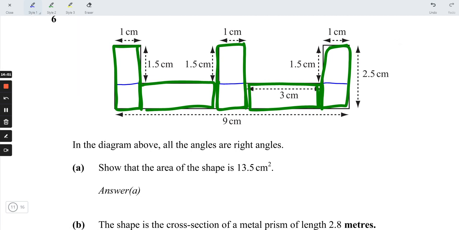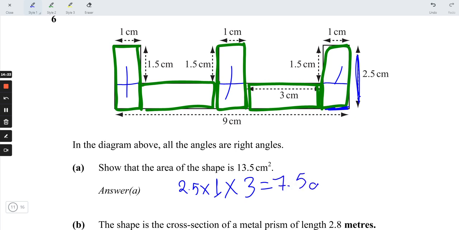Here we have 2.5 times a length of 1, times how many rectangles? We have 3 rectangles, so 3 times 2.5 is 7.5 centimeters squared. This is the area for the first 3 rectangles.